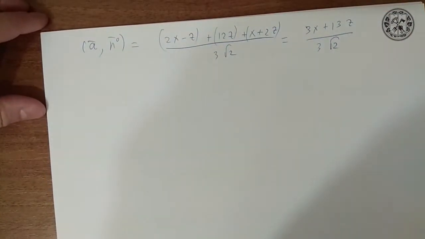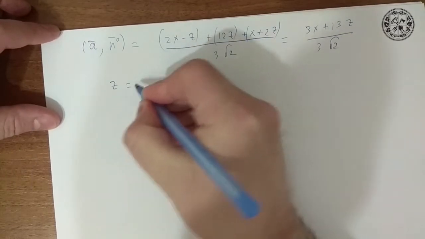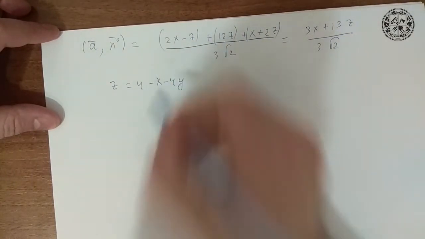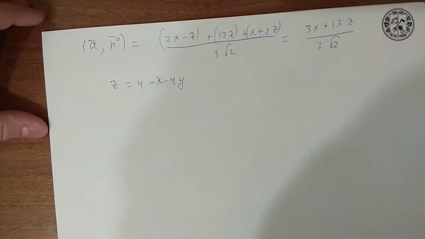From the equation of the triangle, we have that z is 4 minus x minus 4y, from the equation of our surface.